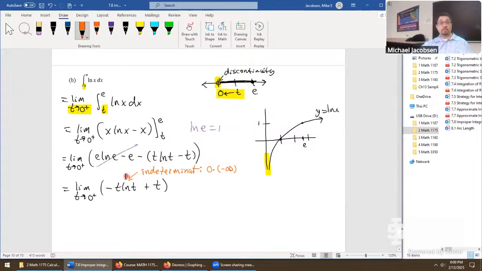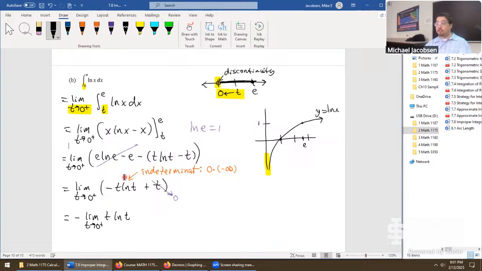And that gives us an indeterminate form on this one. But good news is the other part right here goes to 0 in the limit. So we can just wipe that out. I usually put little arrows to say that went to 0 in the limit as a kind of cancellation with an explanation as well. So that means all of our work is going to boil down to, let's take the constant -1, put it in front, limit as t goes to 0 from the right of t natural log t.